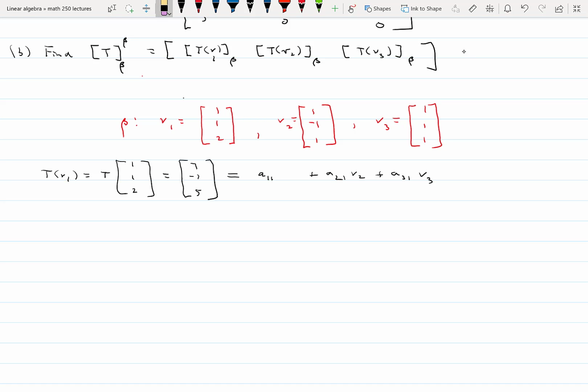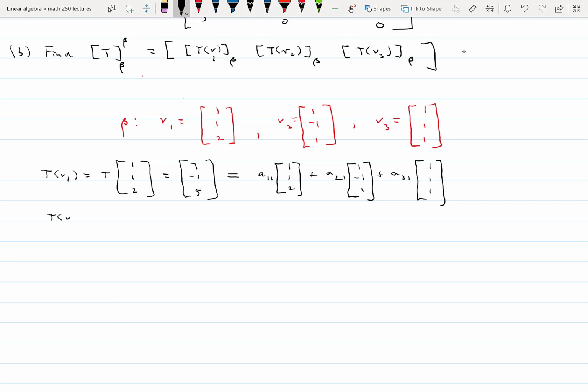So this is A11 times V1, which is 1, 1, 2, A21 times V2, 1, negative 1, 1, and A31 times V3, which is 1, 1, 1. And we do this with each of the basis vectors V1, V2, and V3. Okay, so let's do that.